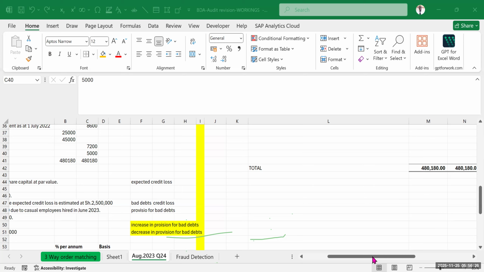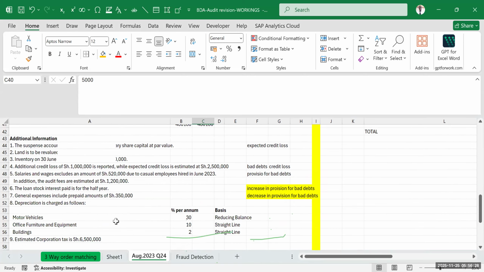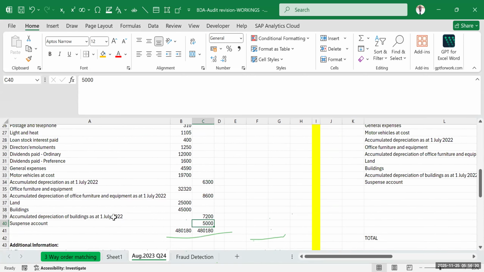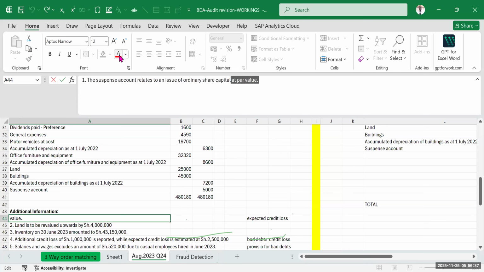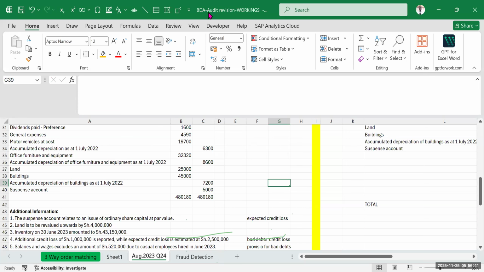Because the term given, they said the issue was at par. They said at par value. So I'm wondering why Grace is talking about share premium, unless she can defend.